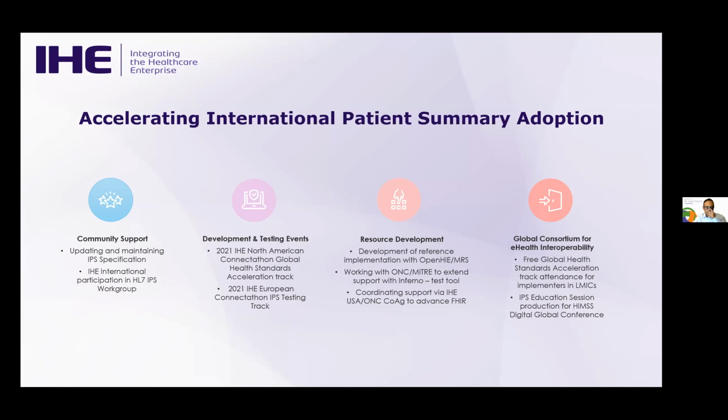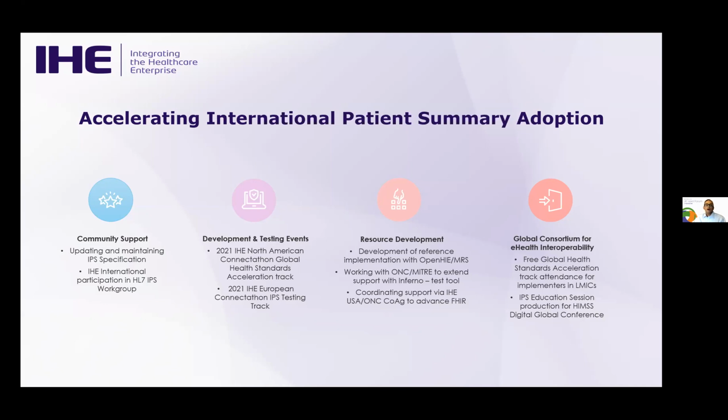That was part of the 2021 virtual North American Connectathon. And again, speaking to the collaboration and the necessary prerequisites to get adoption happening, it comes down to making sure that there's tooling and resources available for folks that want to adopt and test.